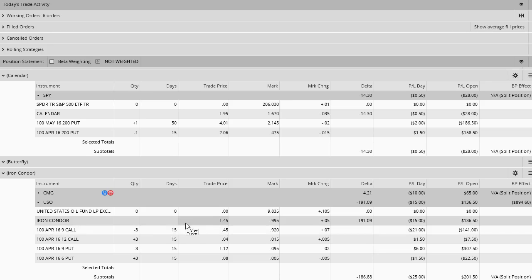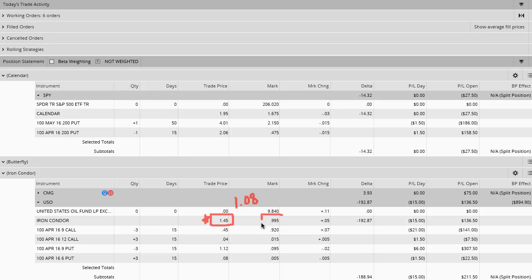So we go back here and look at USO, you can see that we sold this iron butterfly in USO for $1.45. If we take this trade off at 25% of that max credit, which is $1.45, we'd be looking to take the trade off at around 108. Okay, so a value of 108.